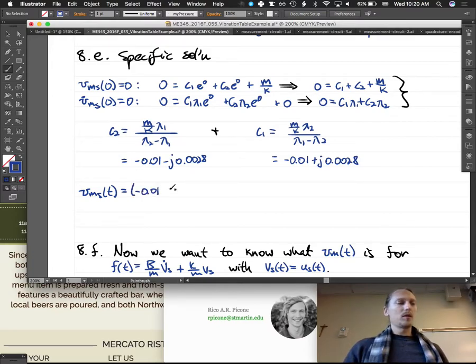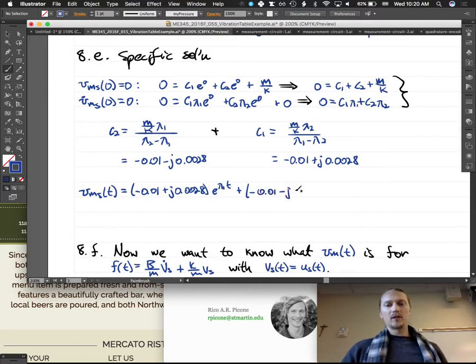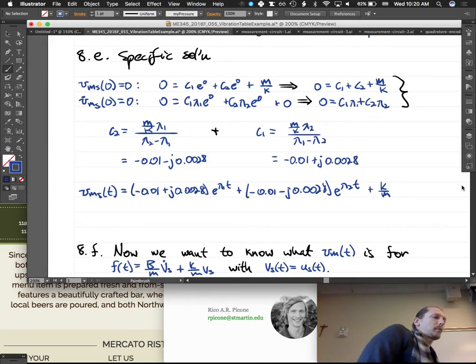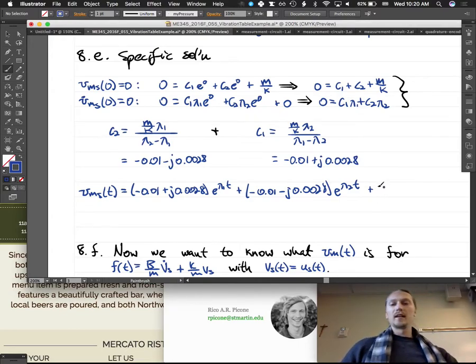Negative 0.01 plus J 0.0028 times e to the lambda 1t plus, and then we have the negative 0.01 minus J 0.0028 times e to the lambda 2t plus m over k, right?